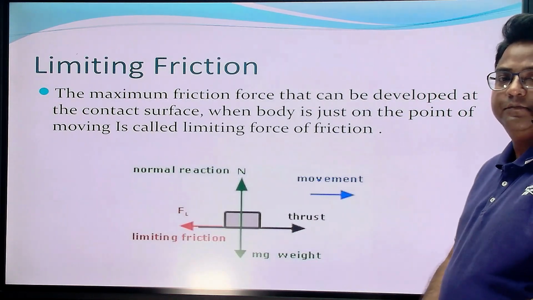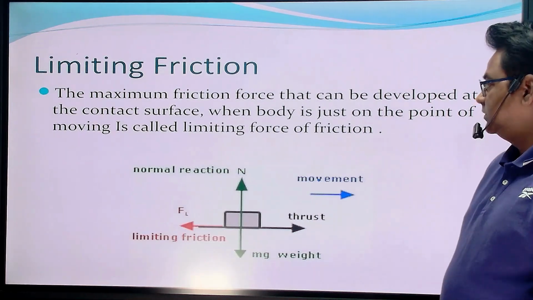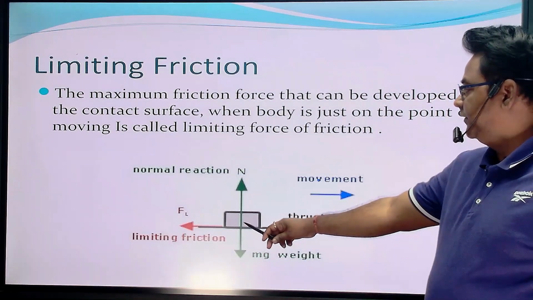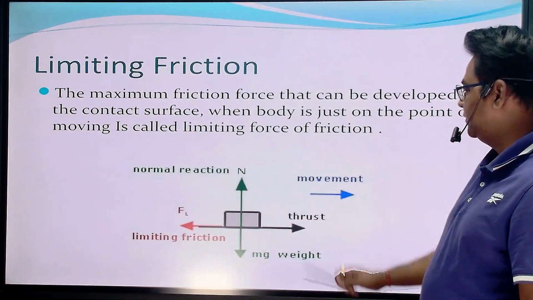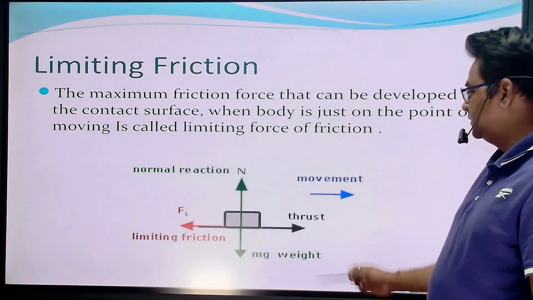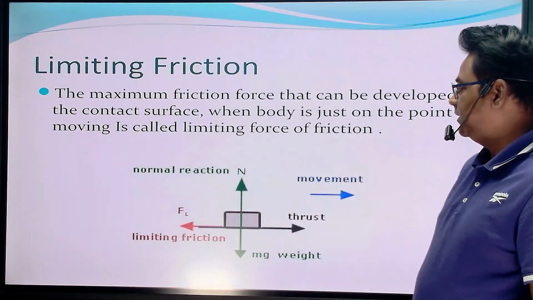It is called the limiting force of friction. We can see in the figure, here is the limiting friction when the body just starts moving. When the force, which we call thrust, is applied, then limiting friction occurs.